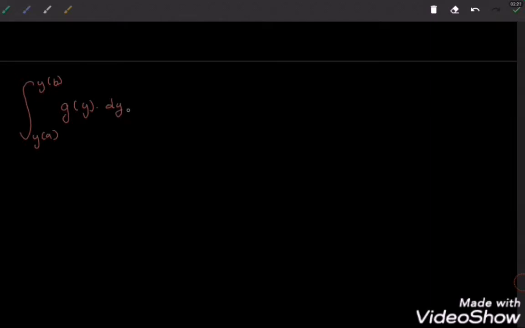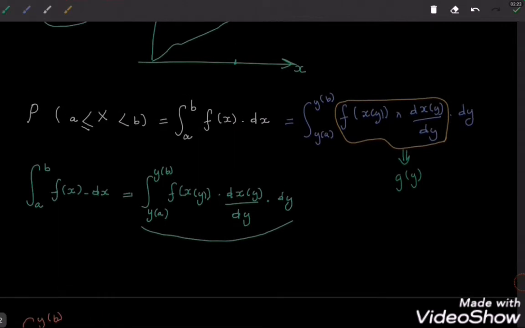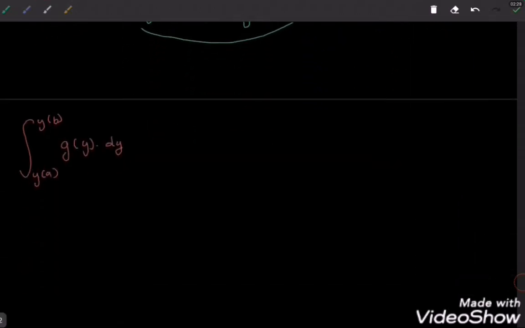And based on that definition of probability of the random variable, we can say that this is equal to the probability of the random variable y such that y is included between y of a and y of b.